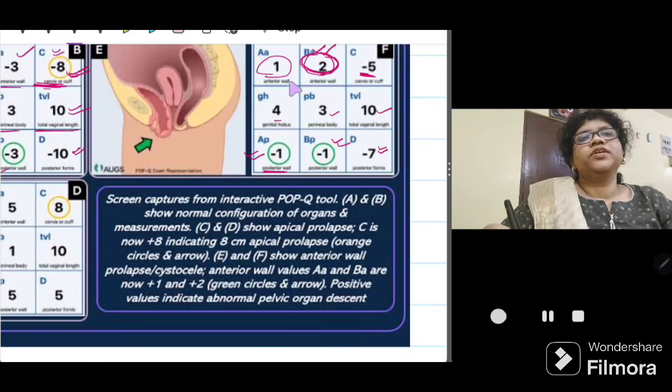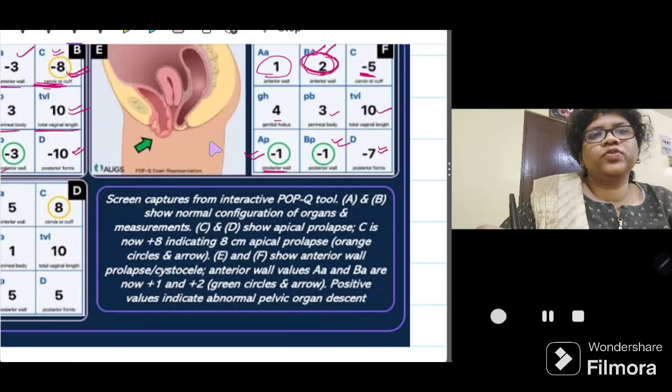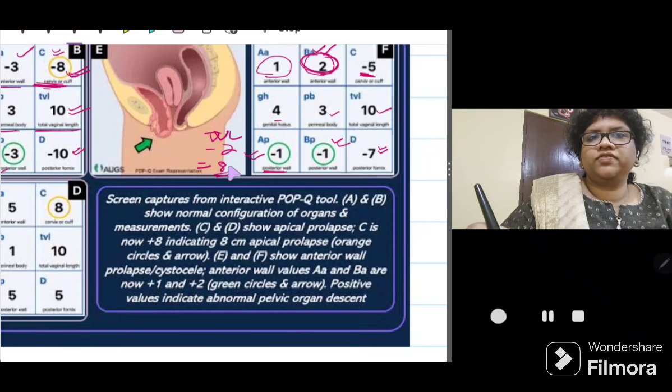Okay, so if it is +2, as I told you, how much is TVL -2 here? TVL -2 is 10 - 2, that is 8. The most dependent portion is more than 1 centimeter from hymen, but it is less than TVL -2.